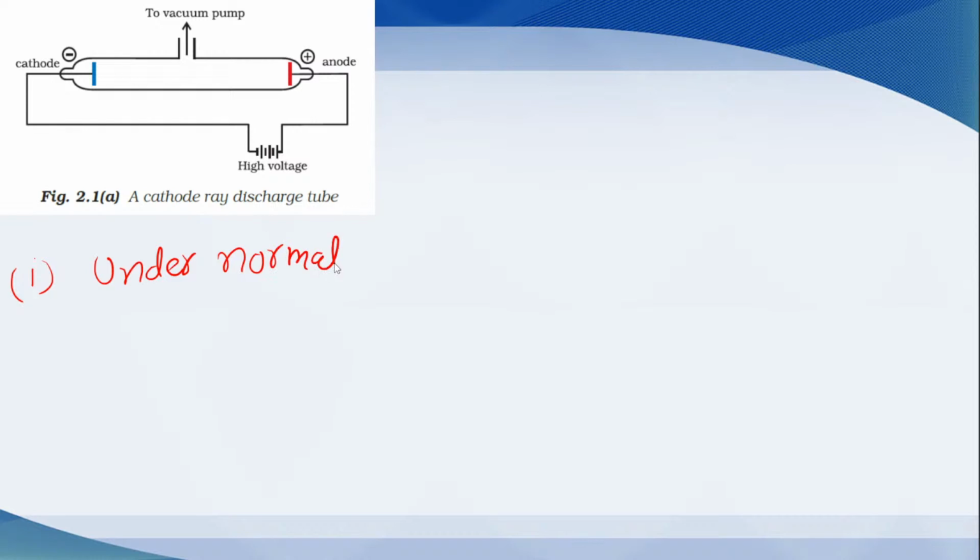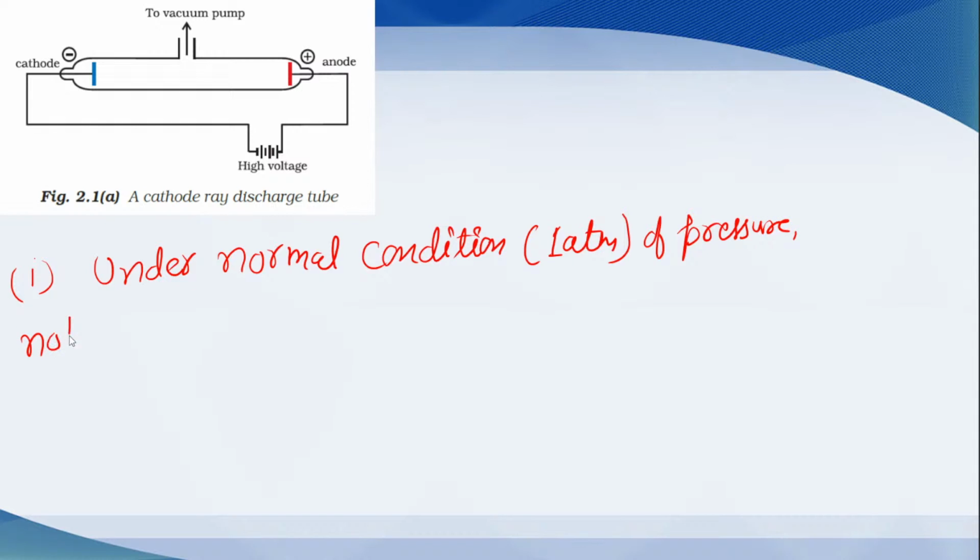What is normal condition? That is 1 atmosphere pressure. Under normal condition of pressure, nothing is observed.